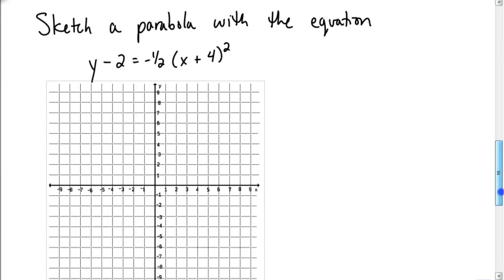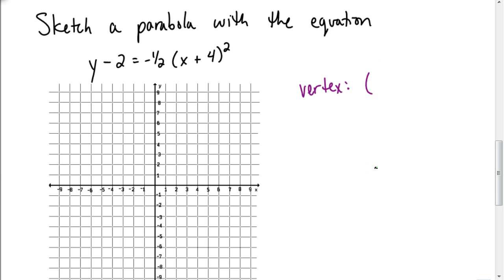Let's look at this example. We're going to sketch this parabola with the equation y minus 2 equals negative 1/2 times (x plus 4) squared. Just like in power standard number 12, we're going to start by finding the vertex. Remember, the vertex is a coordinate, h and k.